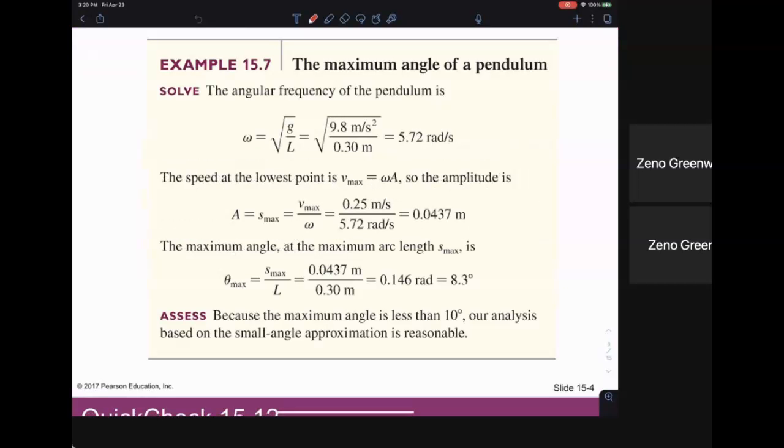We solve for the angular frequency of the pendulum. It's equal to the square root of g over L. And so putting in the numbers, it's equal to 5.72 radians per second.